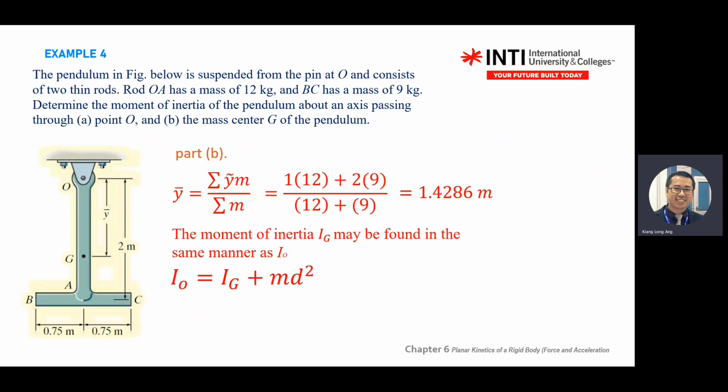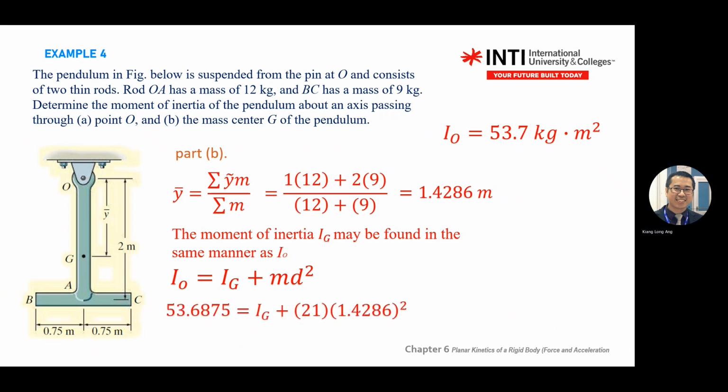So, same, you can use I equal to Ig plus Md squared, but now you're referring to G. So, IO equal to 53.67, equal to Ig plus M total, which is 12 plus 9, 21, times d squared, where d is 1.4.